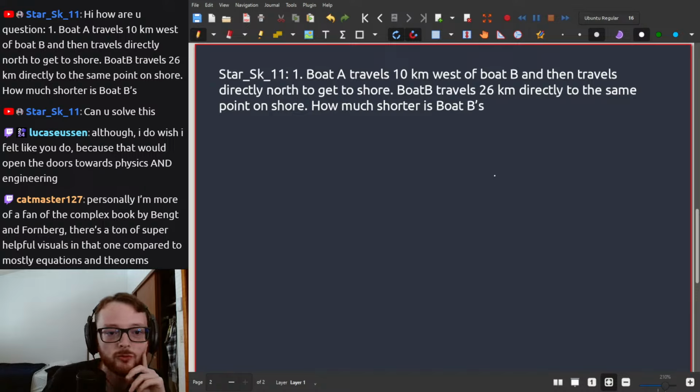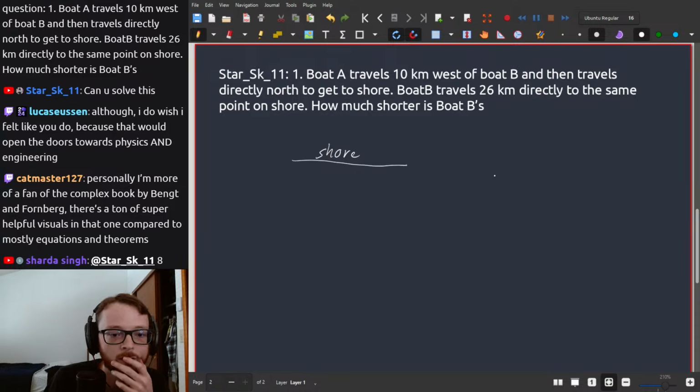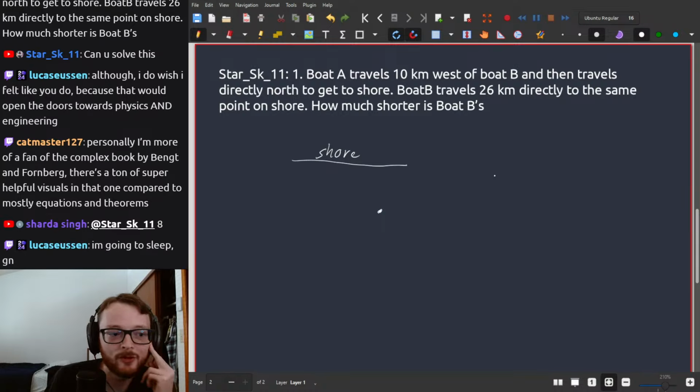So I guess the shore must be to the north, if boat A is traveling north to get to the shore. I assume they start at the same point here. Shouldn't this just be 16? I feel like maybe I'm missing an image here.